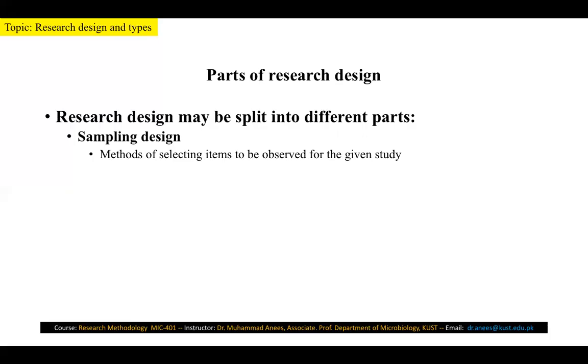How you are going to select the items that you would be observing and analyzing in detail, so that you get representative data for the whole population. So this decision is very important, and this comes under the sampling design.